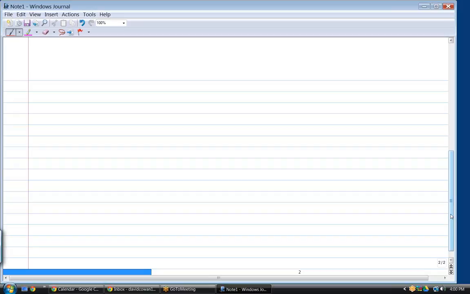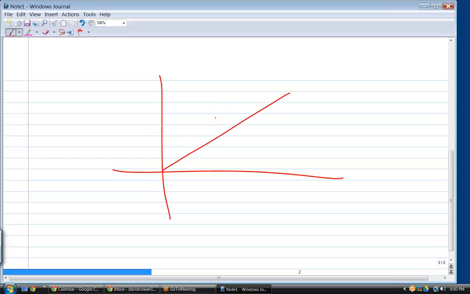So, if you know the magnitude of the vector, let's say we have a vector like this, and it is 8 at an angle of, we don't know. Hold on a moment.